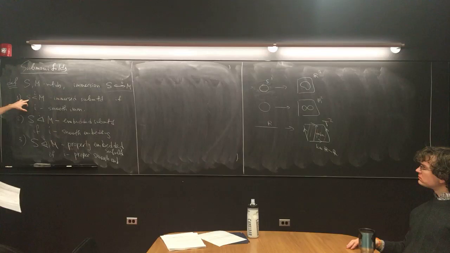Also, the codimension of S is defined as the dimension of M minus the dimension of S. This is not an intrinsic property of S. It depends on M. And here are some examples.